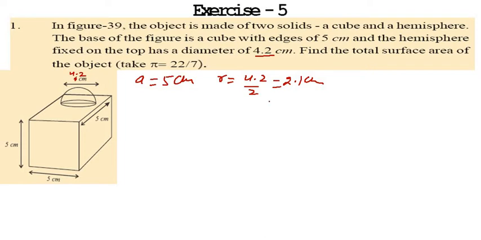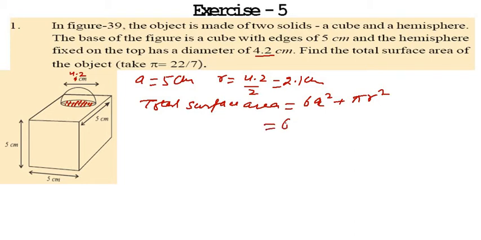So how can we find the total surface area? You have to see here. You can write total surface area. That is the whole surface area of the cube, that is 6a square, and plus there is the hemisphere, it is 2 pi r square, and 1 pi r square at the bottom will be less, we will subtract this pi r square, so only pi r square will be added.